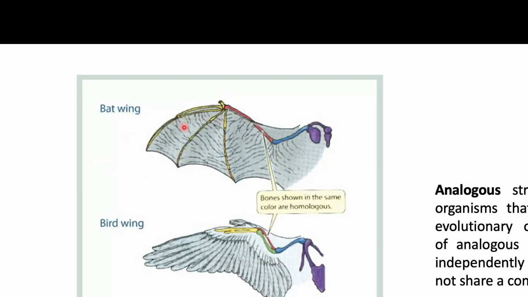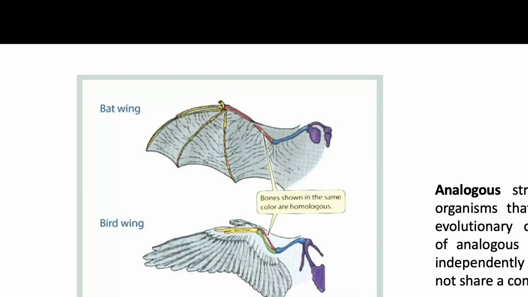For example, the bat wing, which is a mammal's wing, has a vertebrate limb kind of structure. It has the humerus, the radius and ulna, and the carpals and metacarpals. But the bird wing has a different structure. It has feathers, and the bones are shown in the same color as homologous.